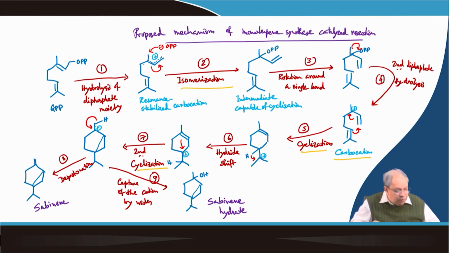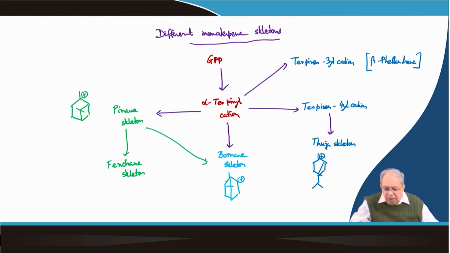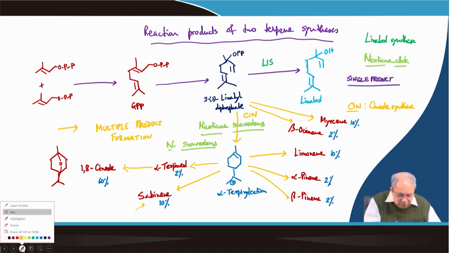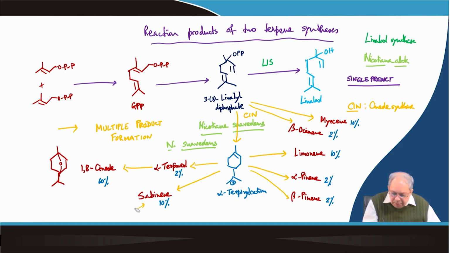So, this is in brief the mechanism of a monoterpene synthase catalyzed reaction, and in a previous slide I have also shown this structure, sabinin, where I am showing 10%. So, this is how it is formed. This is just one example.